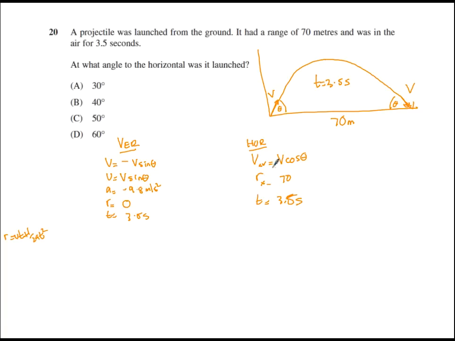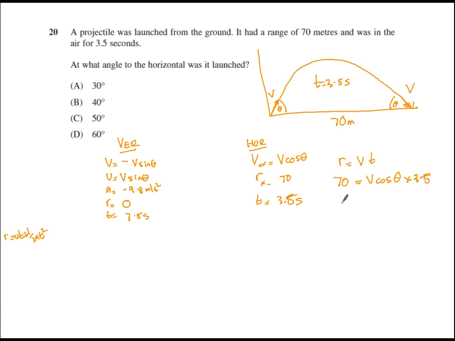Over here I have r equal to vt, and if I substitute that in, I get 70 is equal to v cosine of the angle, which I don't know, multiplied by 3.5.